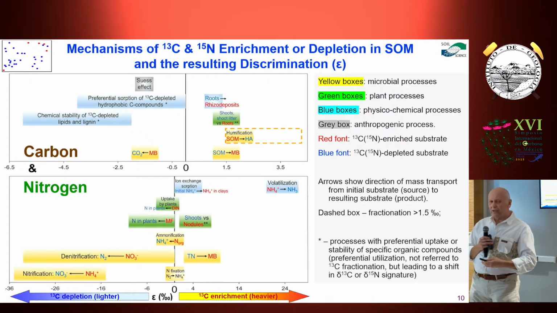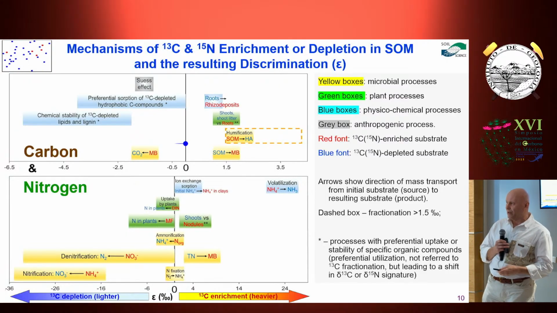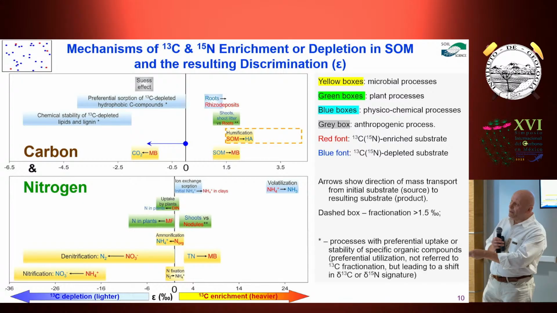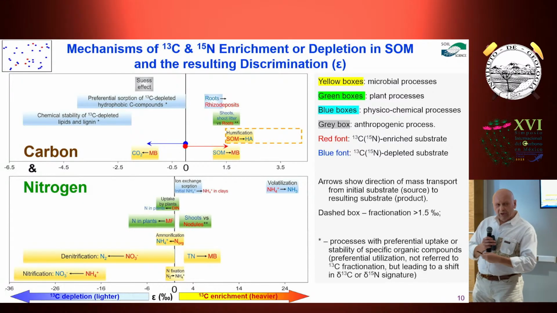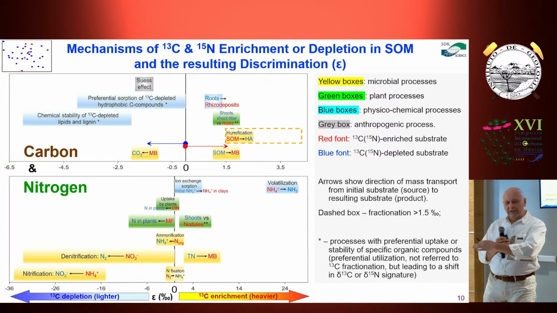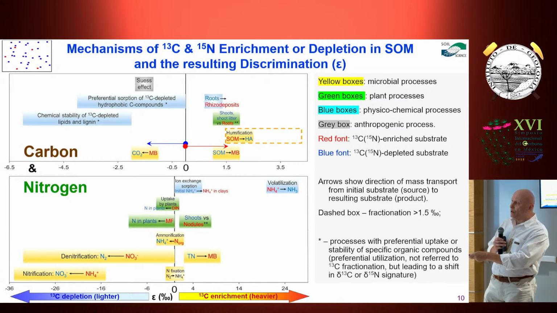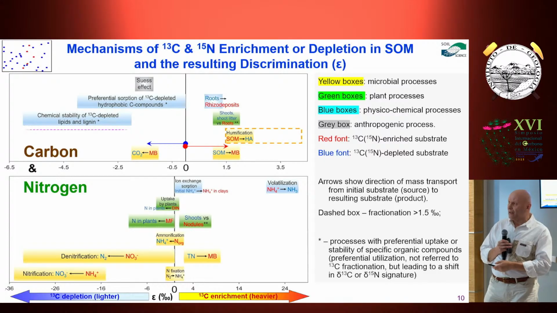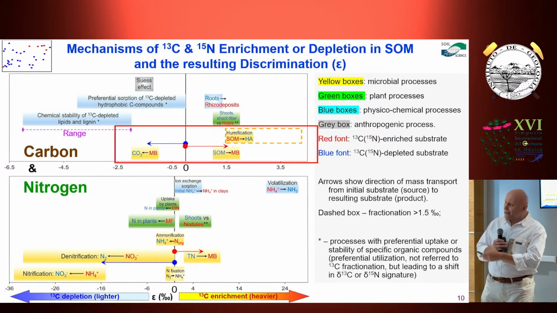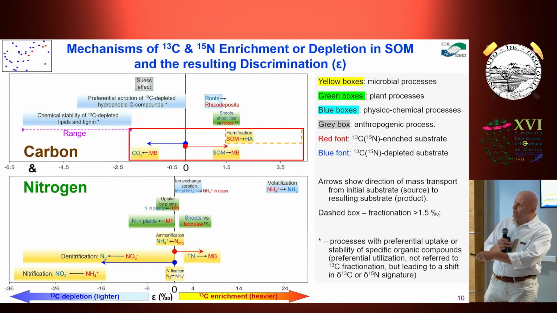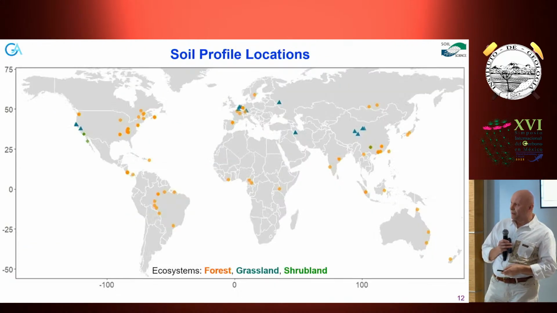In this direction, it's going to the enrichment of the isotope. So for example, if microorganisms use organic substances, then the CO2 will be depleted but the residue, the formed microbial biomass of soil organic matter, will be then enriched. The same for nitrogen, but today we will focus only on this part of the processes.